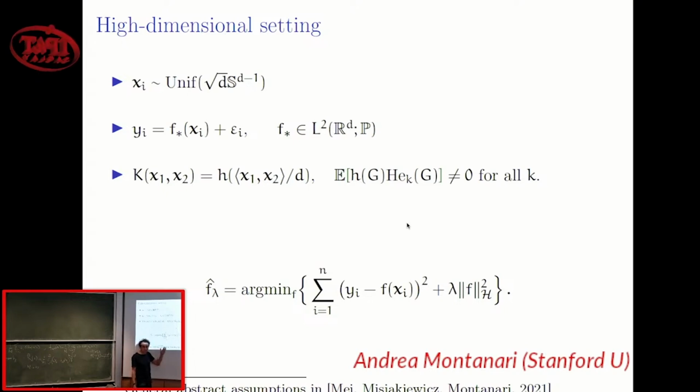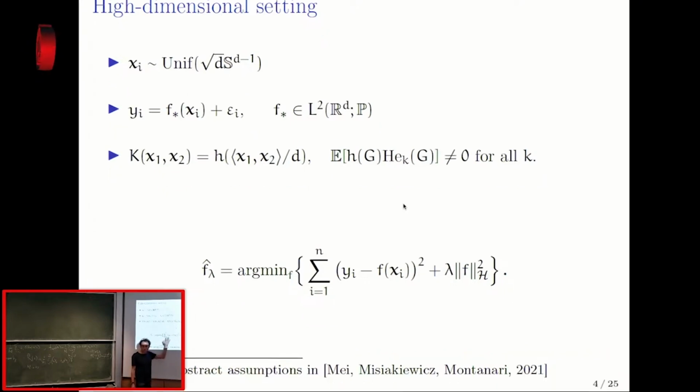You can write it explicitly in terms of n parameters. So this problem, despite looking infinite dimensional, is always n-dimensional. This is called the representer theorem. But expanding in a basis is also perfectly fine.